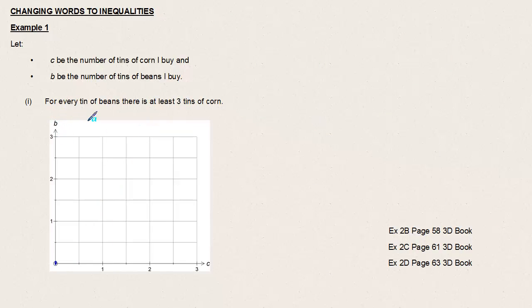For every tin of beans, there is at least 3 tins of corn. So if we have beans, then the corn is going to be 3 times the beans at least. So that's more than or equal to 3B. Okay, so B equals 0, C equals 0, so that's going to be down here.